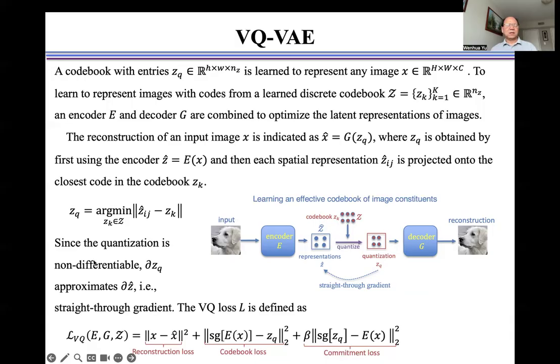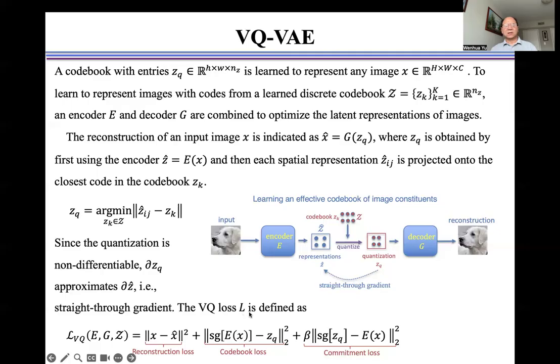Since the quantization is non-differentiable, the derivative of ZQ is used to approximate the derivative of Z caret as shown here, namely the straight-through gradient as shown here.